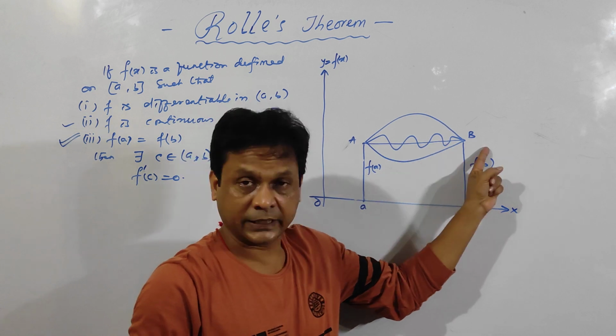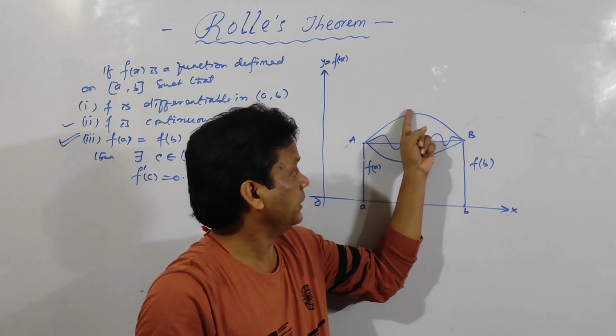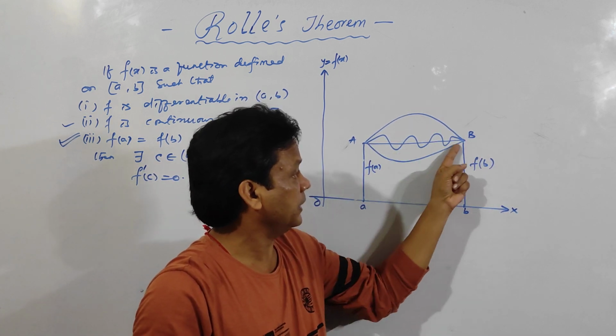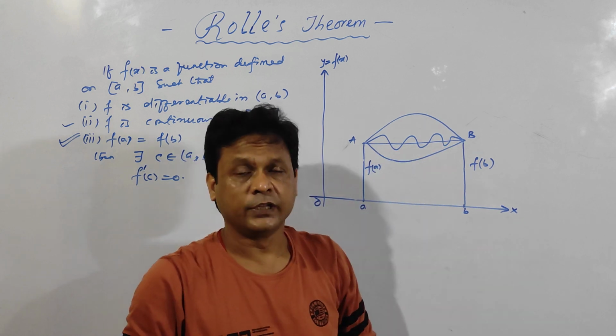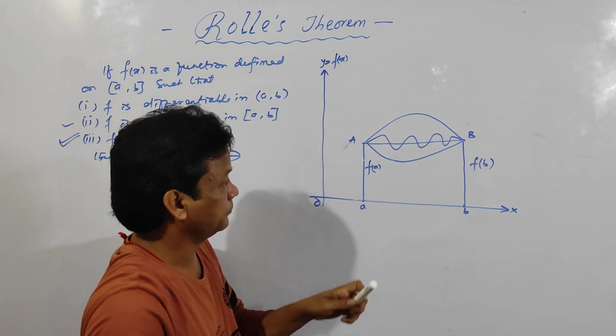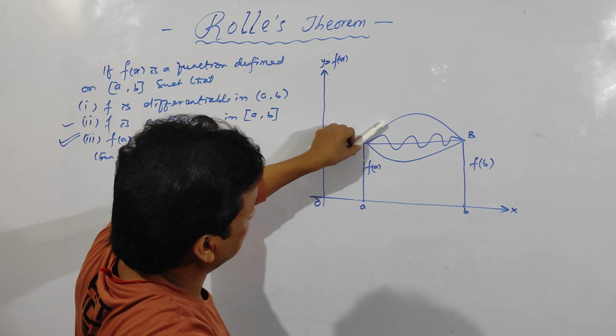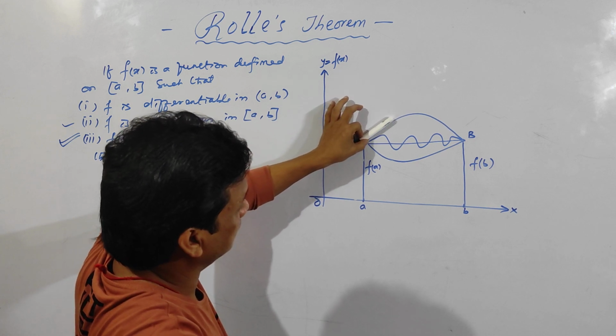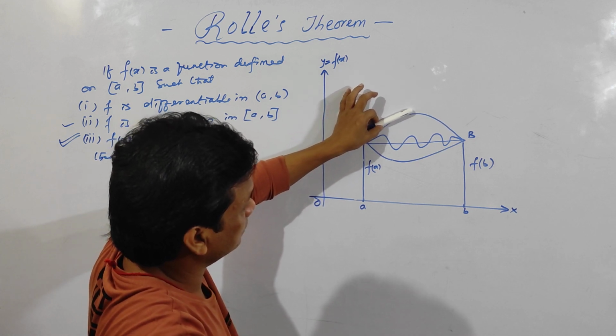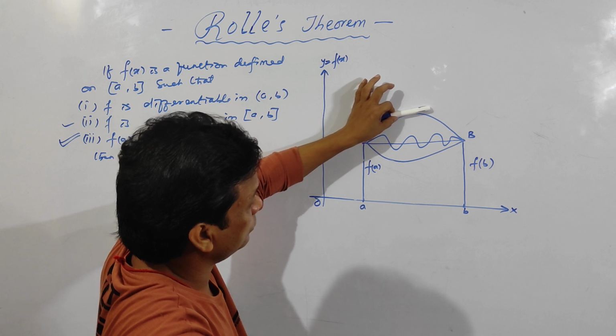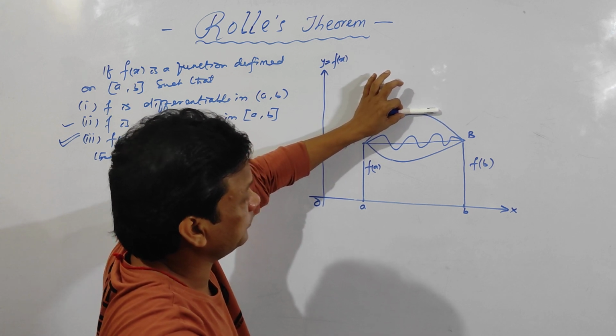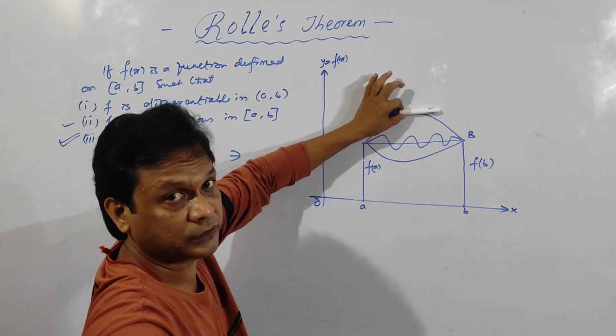So either you can draw a straight line, or the graph will increase and then decrease, or decrease and then increase, or like this. But see here, if you draw a tangent here and I am moving the tangent like this, at this point the tangent becomes parallel to the x-axis. Clear?